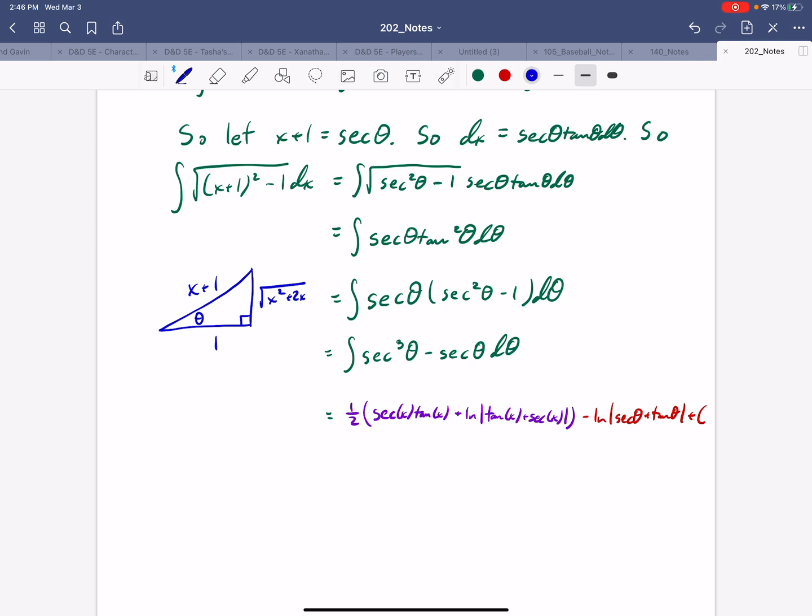Take square root, okay? So then this is going to wind up equaling 1/2, and just have to do a little bit of plugging in, right? x plus 1 times tangent of theta, plus ln of the absolute value of, okay, well, we already had these guys, right? We're just seeing something with secants and tangents.